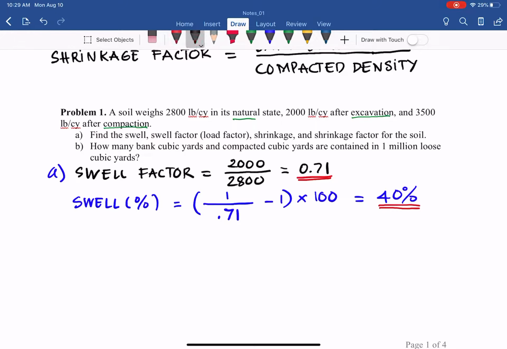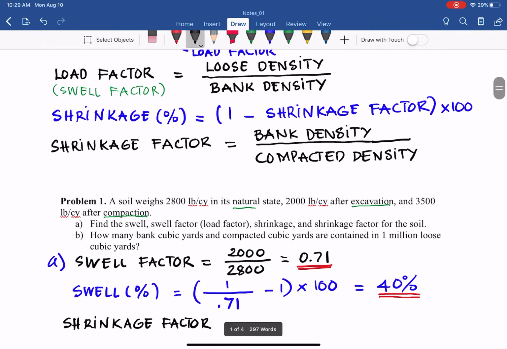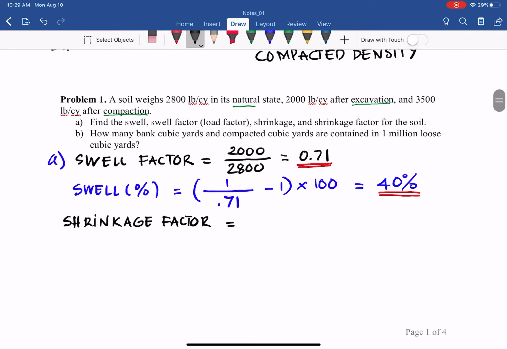And similarly, we have shrinkage factor. That equals bank density divided by compacted density. Bank density 2,800, compacted 3,500 pounds per cubic yard. It will be 0.8.